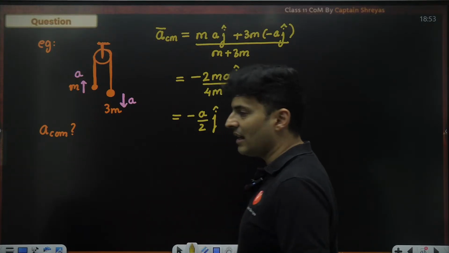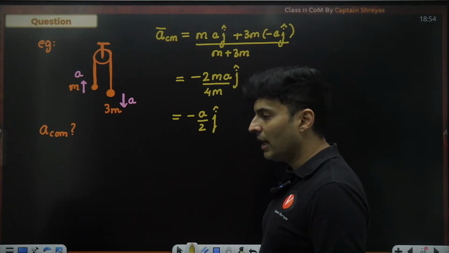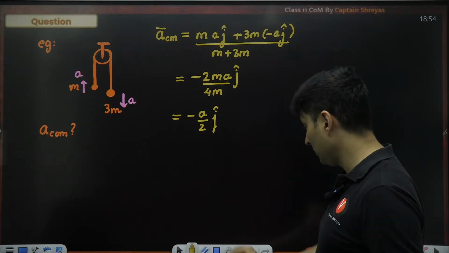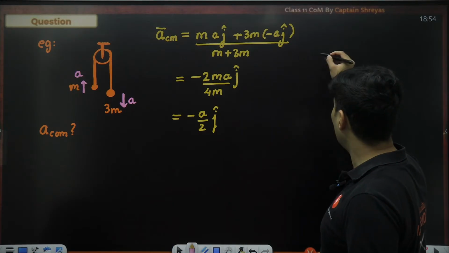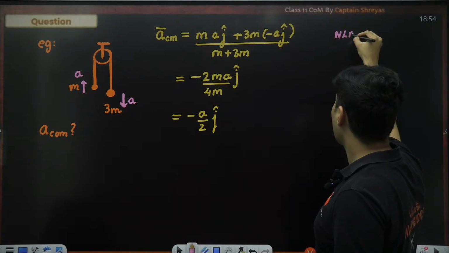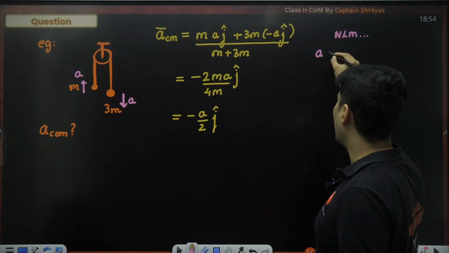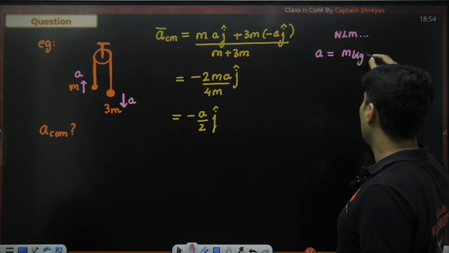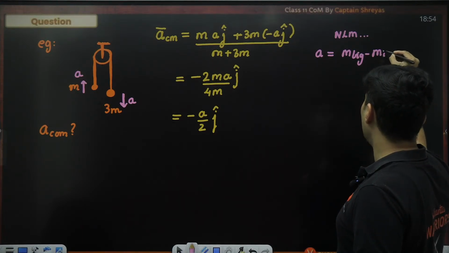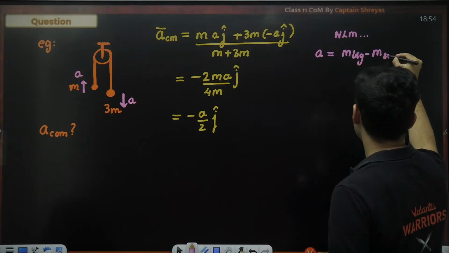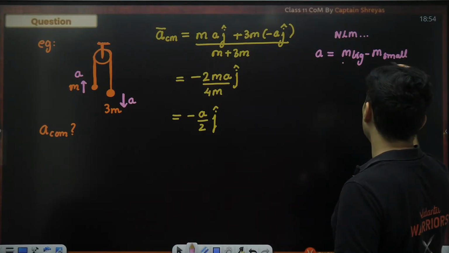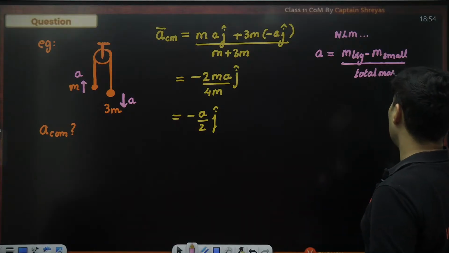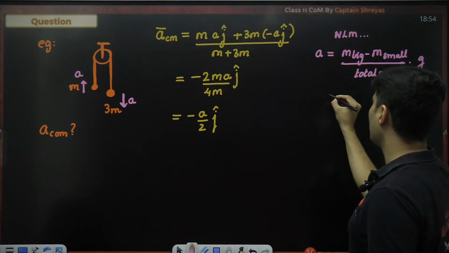But the issue is, I do not know the value of a. I cannot leave the answer in terms of a. It will not be given in the question. Don't worry. We know by Newton's laws of motion what that acceleration is: the bigger mass minus the smaller mass, the whole thing upon the total mass, multiplied by the acceleration due to gravity.